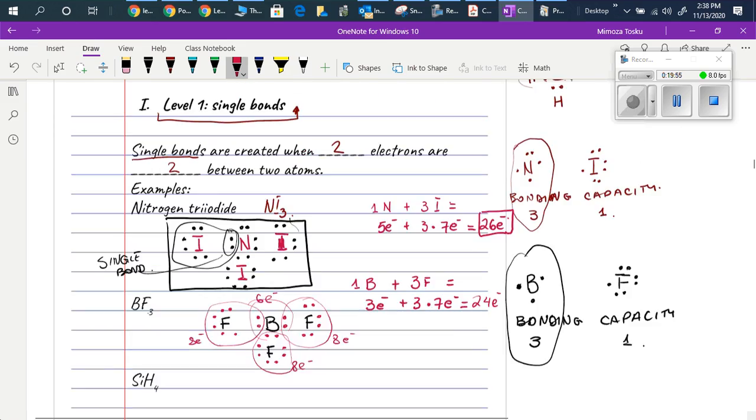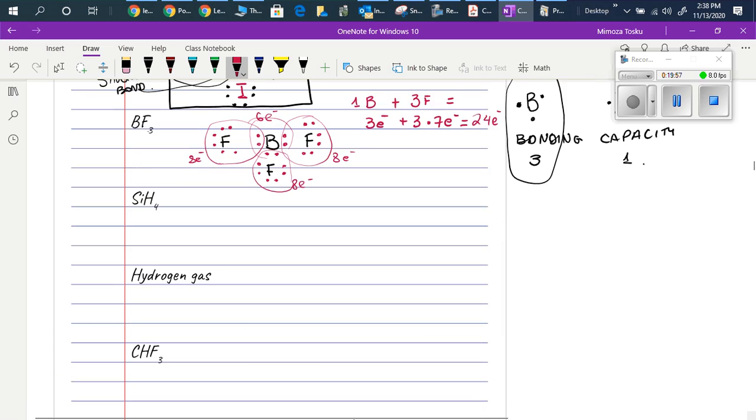Let's take a look now at silicon tetrahydride. Silicon has 4 electrons in the outer shell, and hydrogen has 1 electron in the outer shell. So the bonding capacity for each of them is 4 electrons for silicon and 1 electron for hydrogen, since hydrogen requires only 2 electrons in the outer shell.